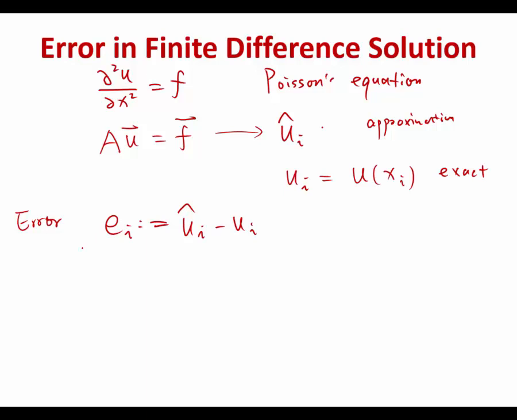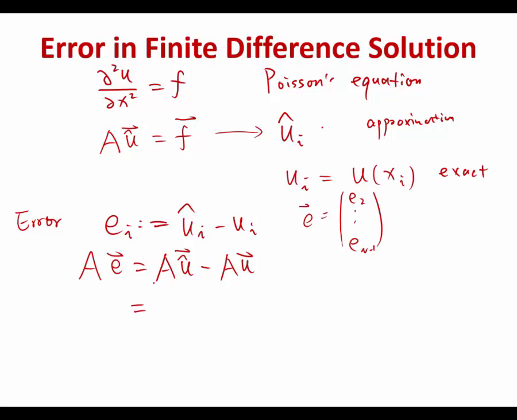To do this, let's apply the same matrix to this vector E, where vector E is E_2 to E_{n+1}, the vector of all these errors at all the grid points. Because it's a matrix, it can be applied to my U hat. This is A times U hat minus A times the analytical solution U, right?